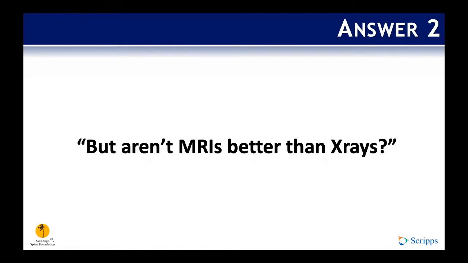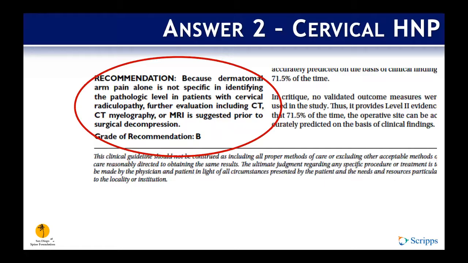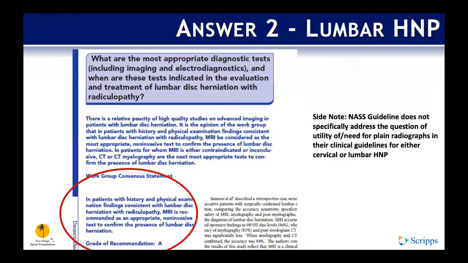And the patient comes back and says, aren't MRIs better than x-rays? And the NAS guidelines would suggest they are. This is not really anything earth-shattering, but it says further MRI, CT myelo for cervical.